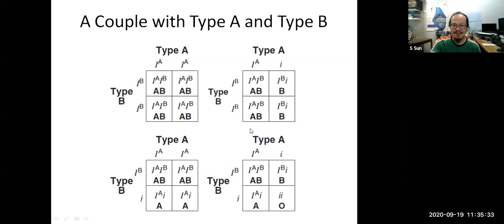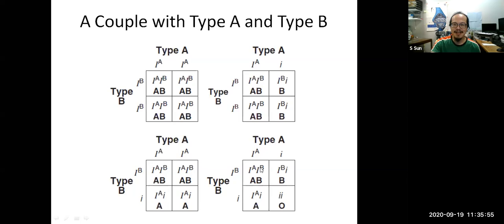If the parents are both AA and BI, the kids will be AB, AB, AI, AI. AI will be type A, and type AB, type AB, type A, and type A.